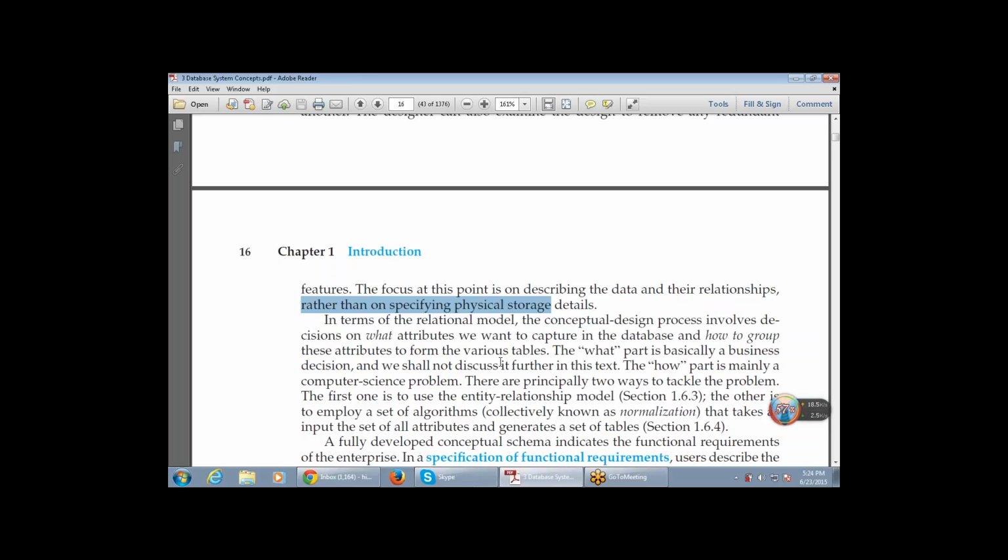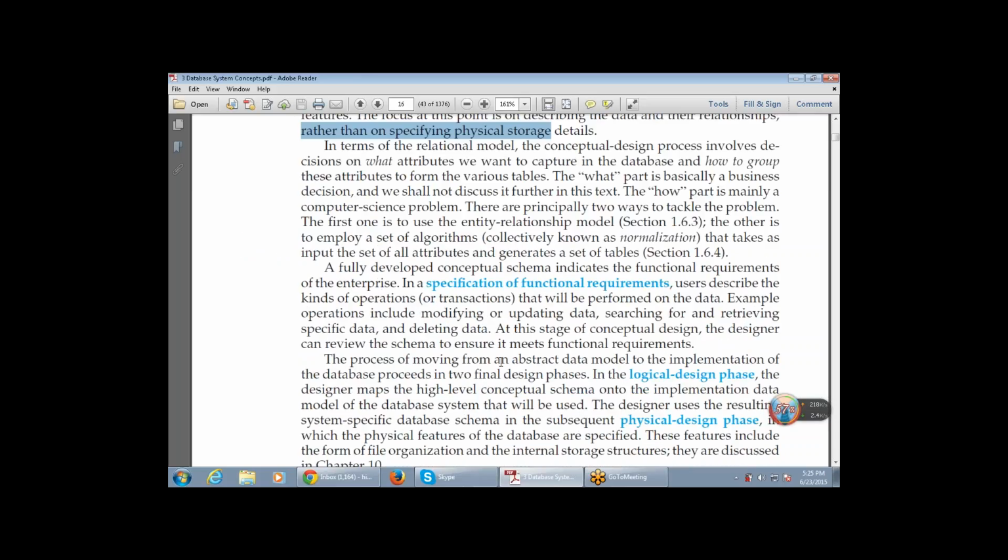So it is not required to specify the details of the physical storage, but it is better to focus on describing the data and their relationships. In terms of the relational model, the conceptual design process involves decisions on what attributes we want to capture in the database and how to group these attributes to form the various tables. This is basically a business decision and is not discussed in this text.